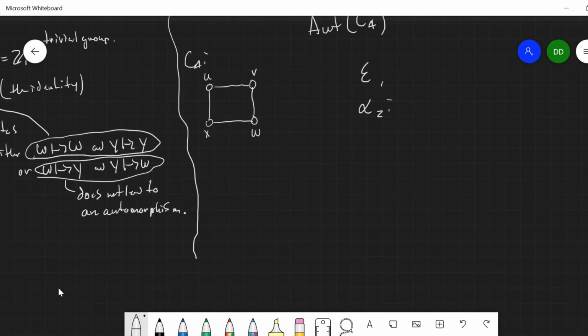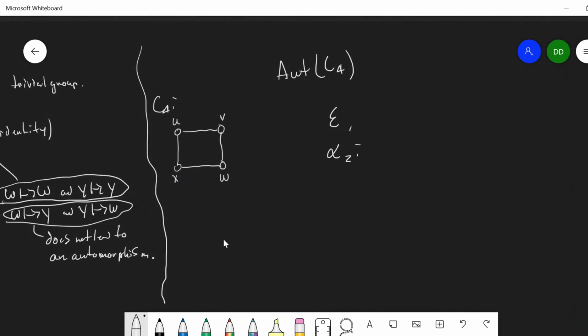So let's see in C4 how I can represent this. I'll do it first by telling you the mappings, and then I will express it with cycle notation.